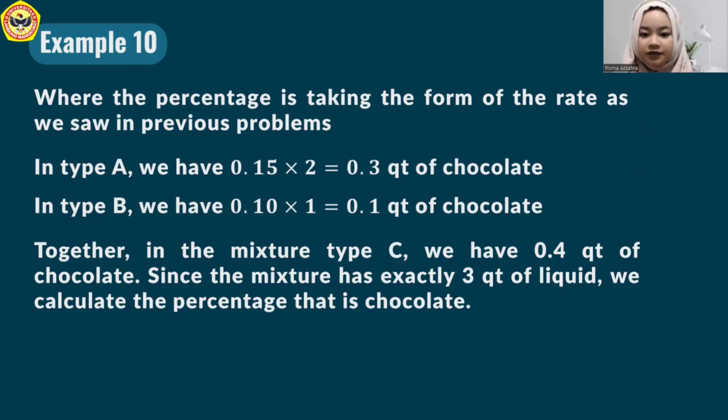Together, in the mixture type C, we have 0.4 quarts of chocolate. Since the mixture has exactly 3 quarts of liquid, we calculate the percentage that is chocolate. So type C is type A plus type B. So 0.3 plus 0.1 equals 0.4 quarts of chocolate.